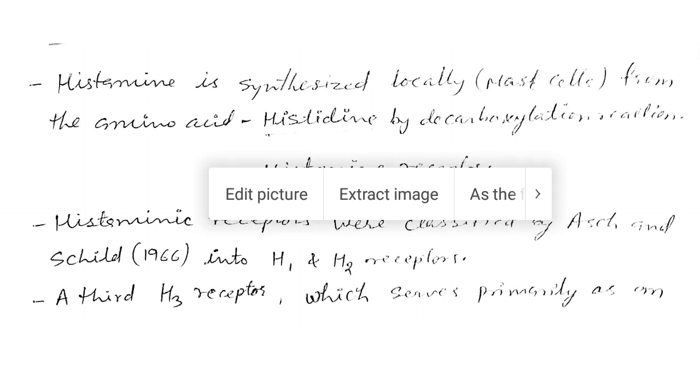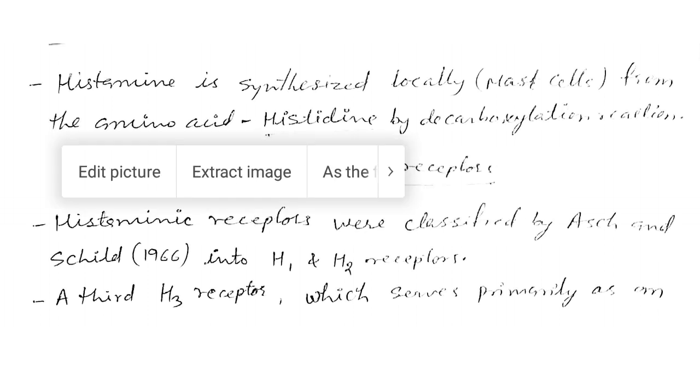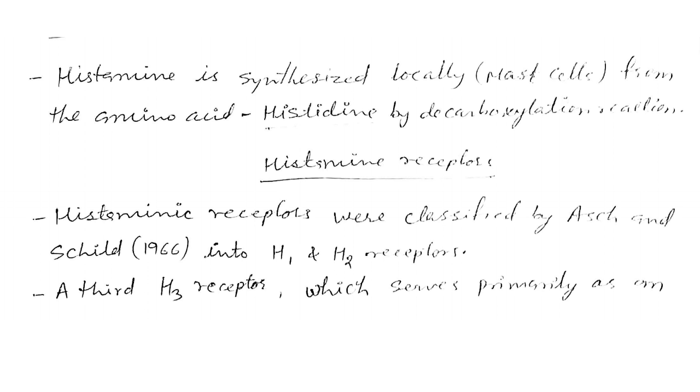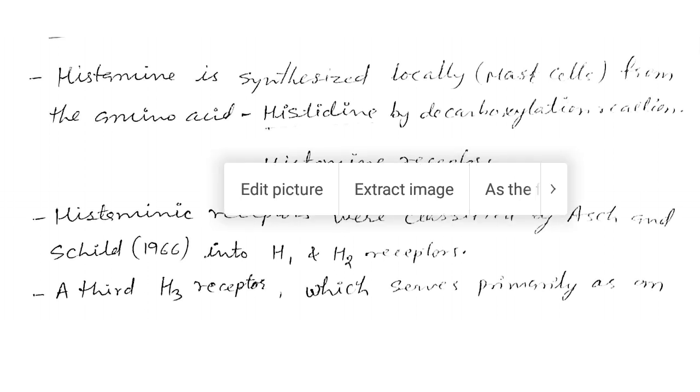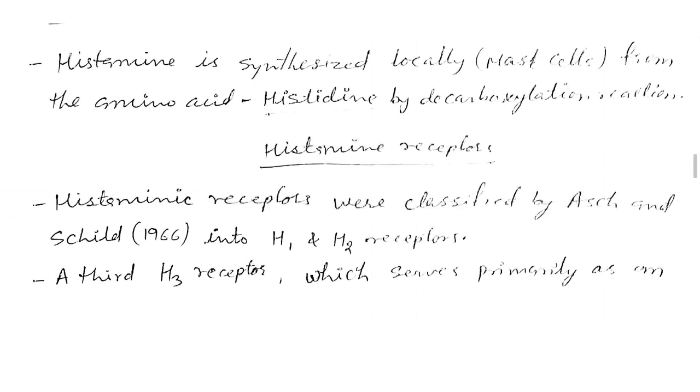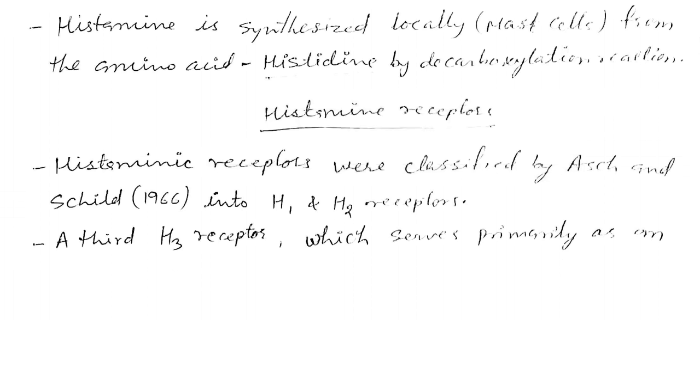The histamine receptors were first classified into H1 and H2 histaminic receptors by Ash and Schild in 1966.